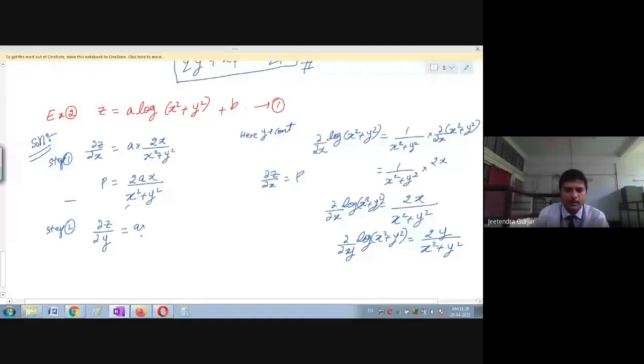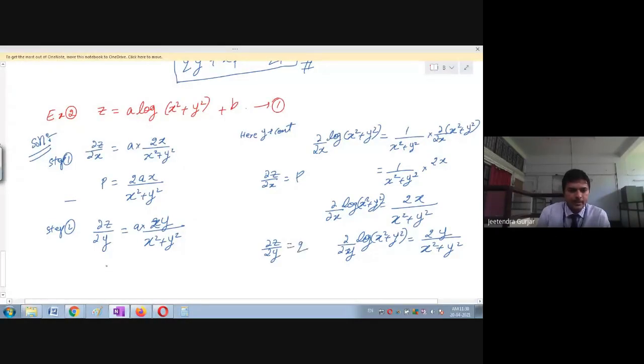Okay, so I will write that. So this is 2y divided by x square plus y square, plus again b is constant, 0. Again you remember the formula, dou z upon dou y is equal to q.